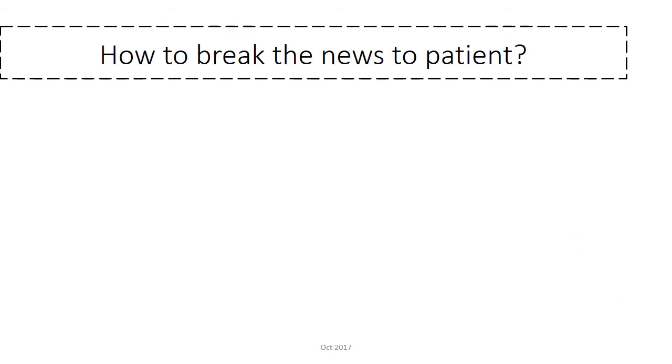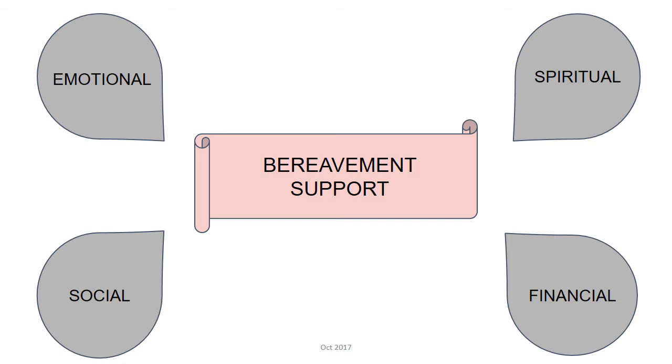So how do we break the news? It's very important. We have a support group to help the patient emotionally, spiritually, and financially. We can ask the family members to help because she is living alone now, so the family needs to help her with her daily needs.